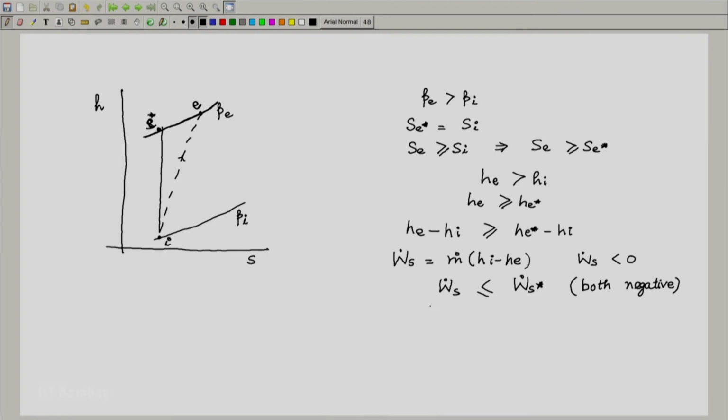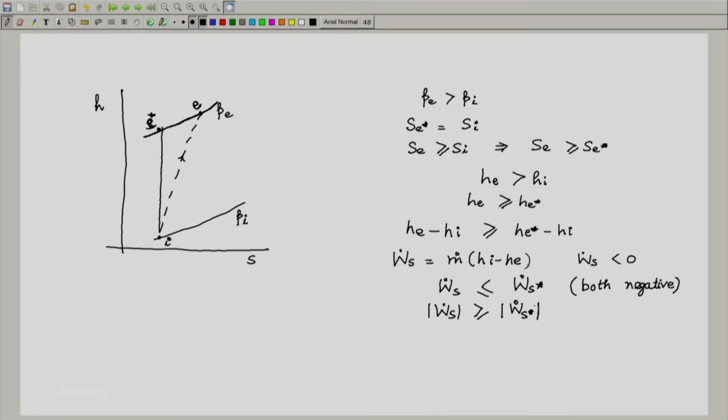But if one looks at only the magnitude, then W dot S, that is the actual work input into the system, is greater than or equal to W dot S star. So, the actual work input into the system is greater than the ideal work that is expected to be put into the system, and this is what we expect.